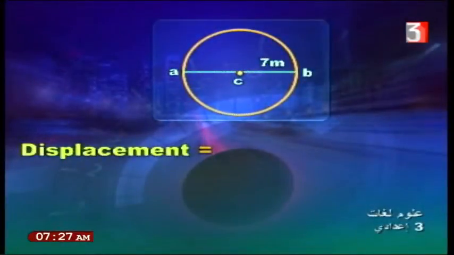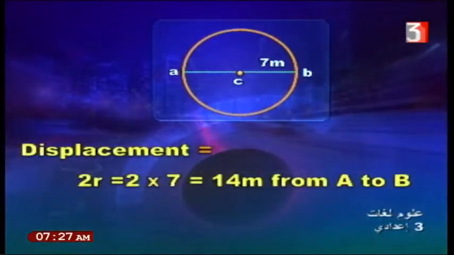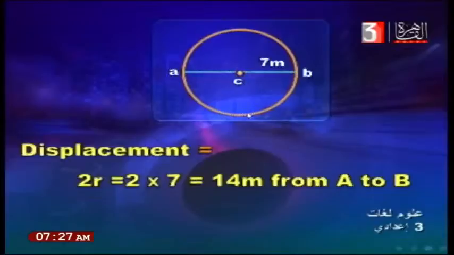If you want to find the displacement, it equals 2r, because the value of a displacement equals the shortest straight line between start and end point.